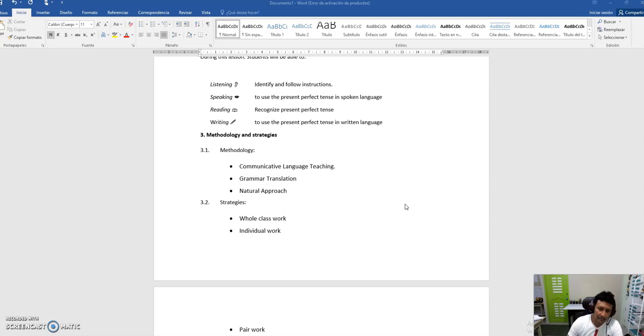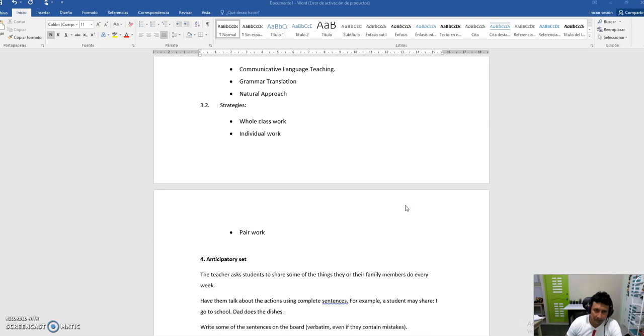For the strategies, I will work with the whole class. Also, they will be doing exercises individually by themselves and with partners. So I will use these 3 strategies: whole class work, individual work, and pair work.